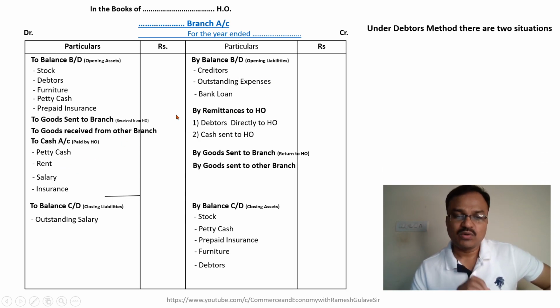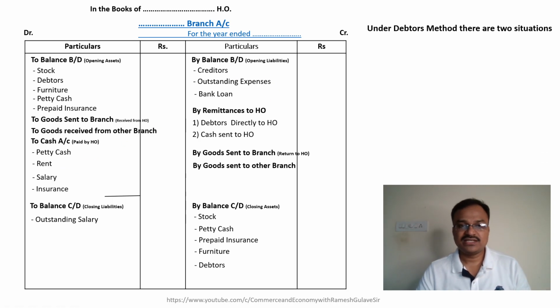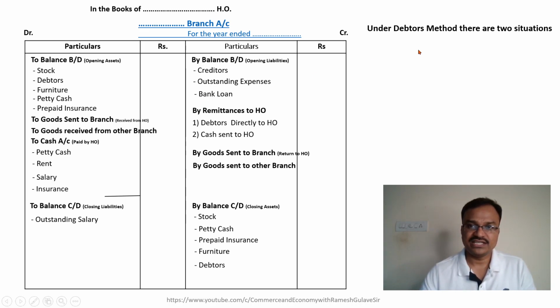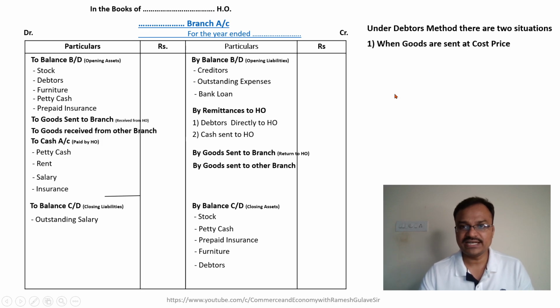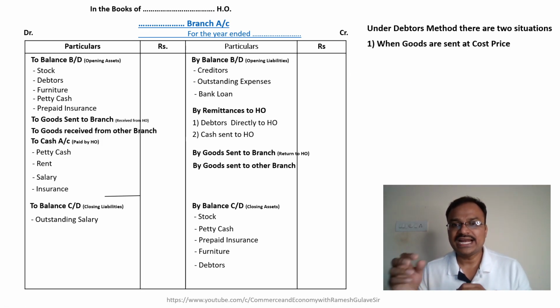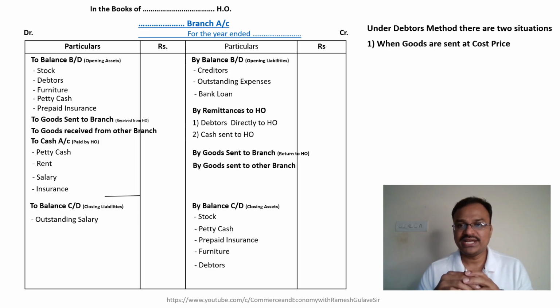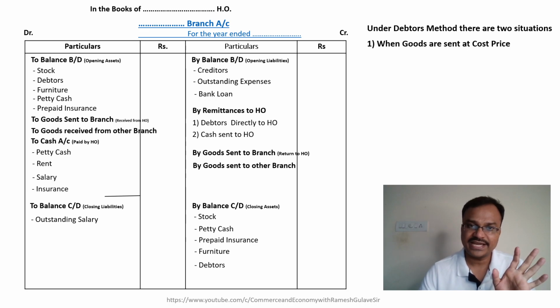Okay. Now, under debtors method, there can be two situations. First situation can be like head office sends goods to branch at cost price. It means when goods are sent to branch at cost price, in that case, we have to follow this accounting process.